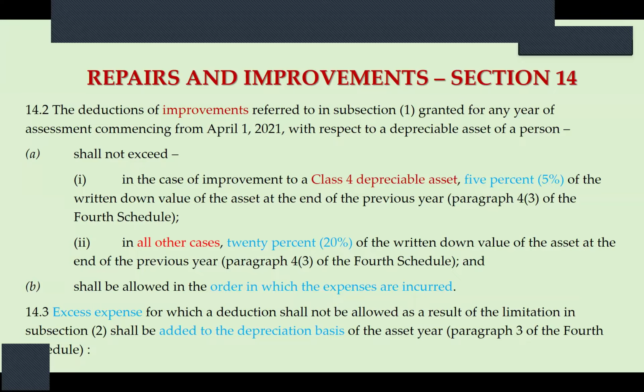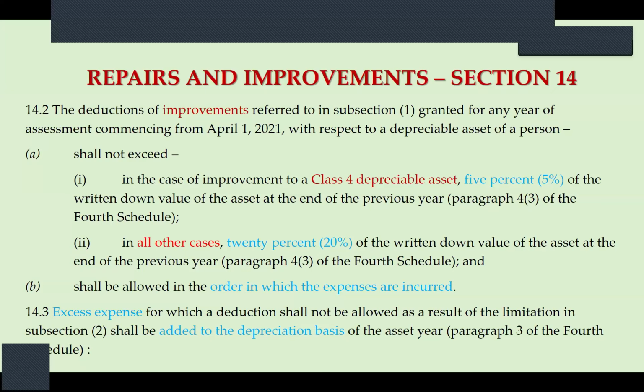If that expenditure is for the improvement, with the specific condition, that amount can be deducted. If there is a balance that cannot be deducted, that amount should be added to the depreciation basis. So those are the conditions.